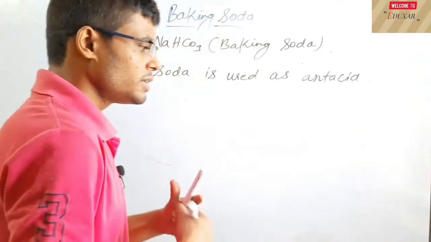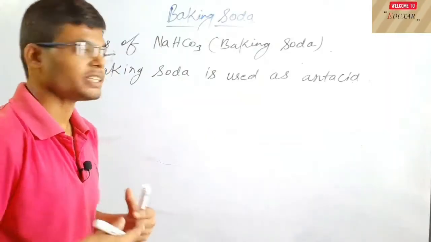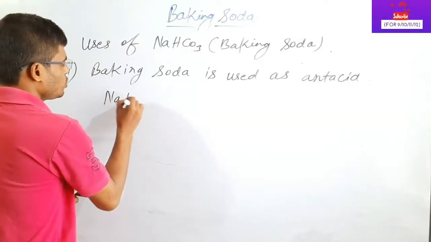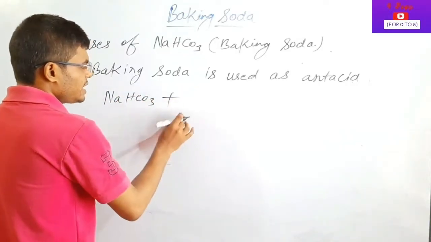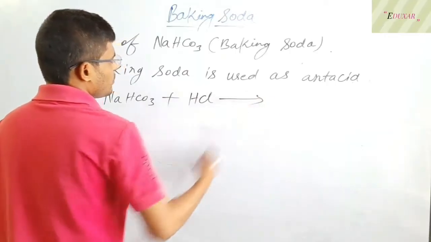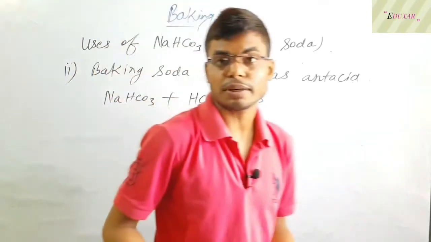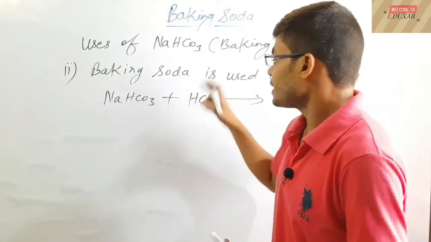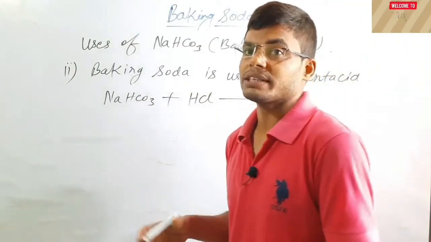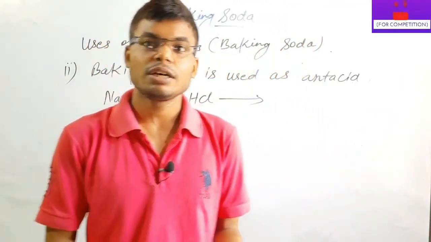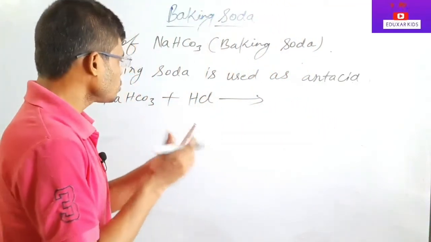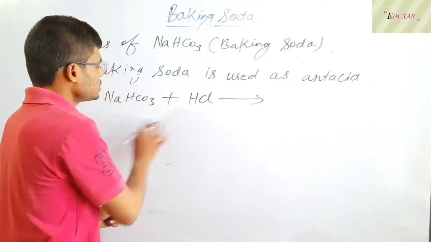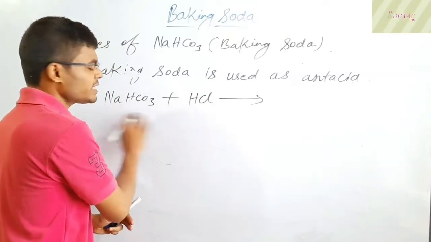Whenever there is a disbalance of the hydrochloric acid in the stomach, baking soda, NaHCO3, is used. Whenever there is a disbalance in the stomach and you feel irritation and pain, it means the hydrochloric acid level has increased. So to manage the effect of this acid, we have to take baking soda.